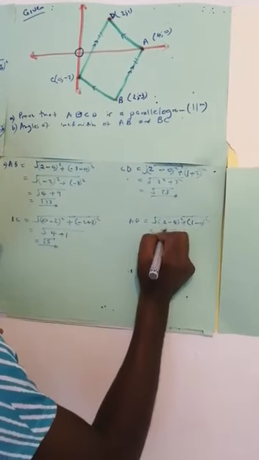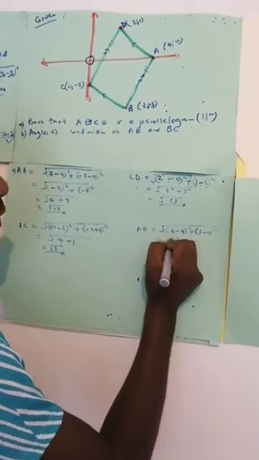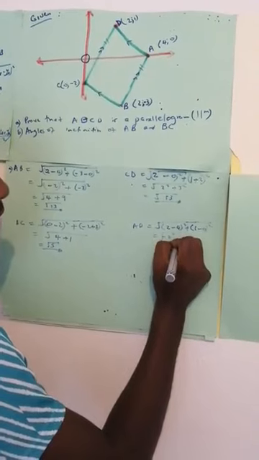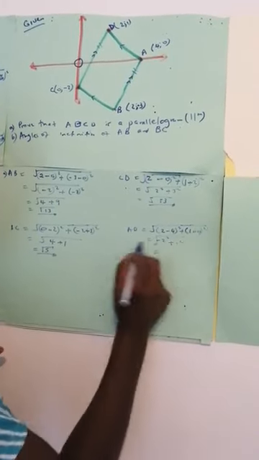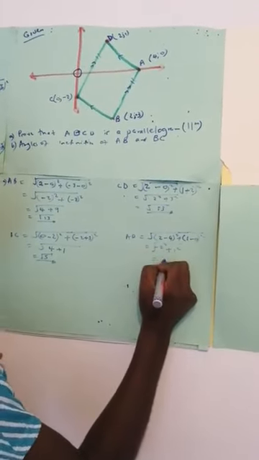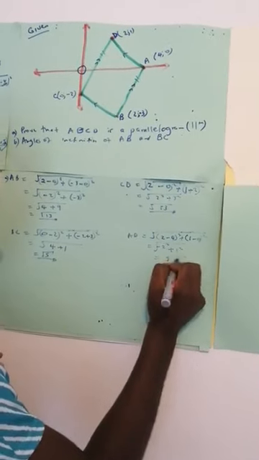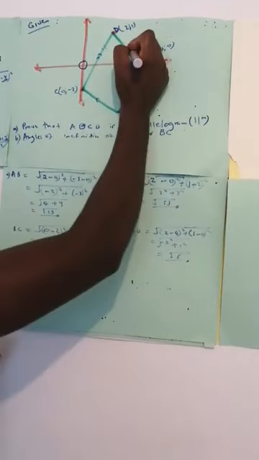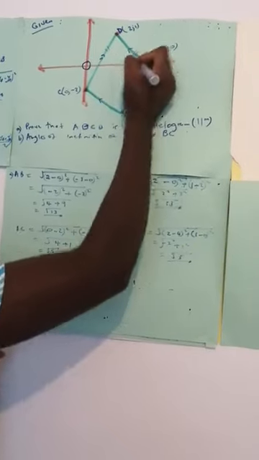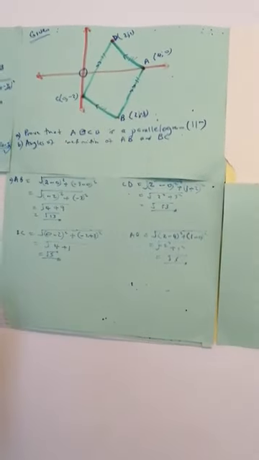The answer is -2 squared, and then plus 1 squared, which is 4 plus 1. The answer is root 5. So it means this side is equal to this side. They are equal. So we've proven that one.